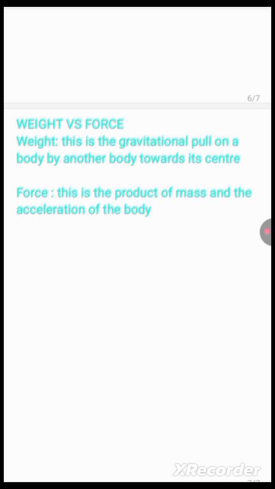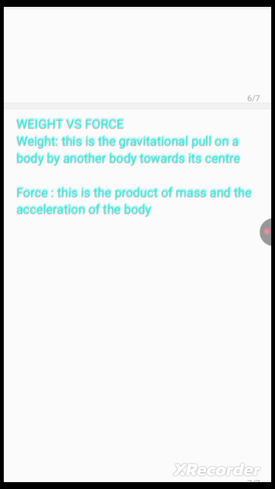Weight is a vector quantity, and force is also a vector quantity. So they are both vector quantities. However, they have different descriptions, even though they have the same units.